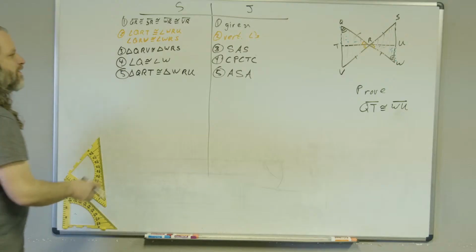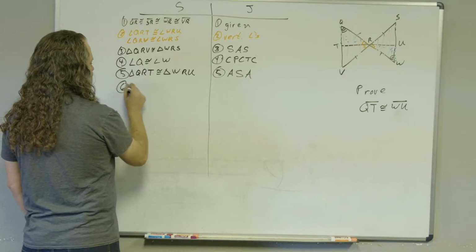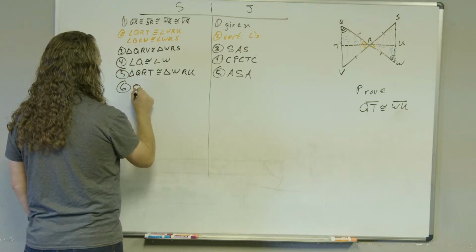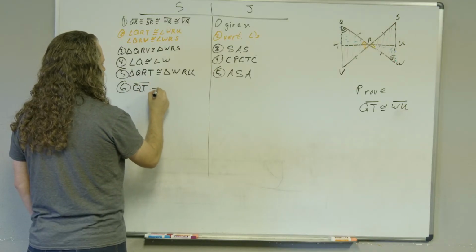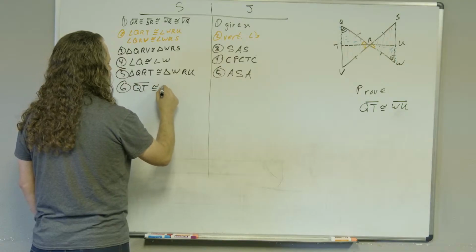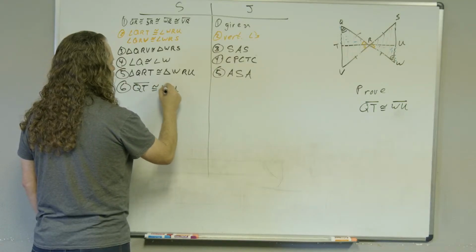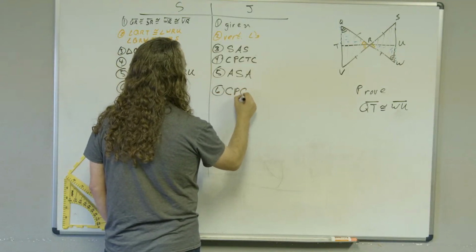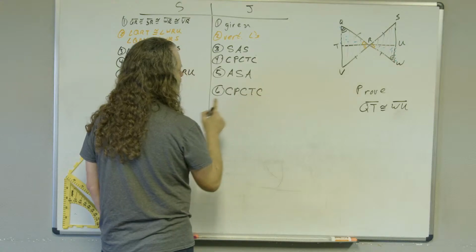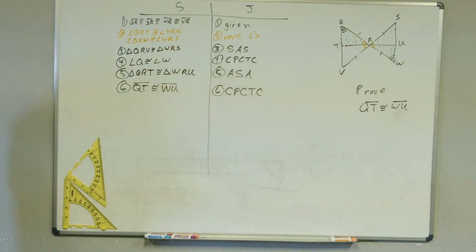They're also congruent. So QT, can't even write things, is congruent to segment WU because corresponding parts of congruent triangles are congruent. CPCTC. We did it. Easy peasy.